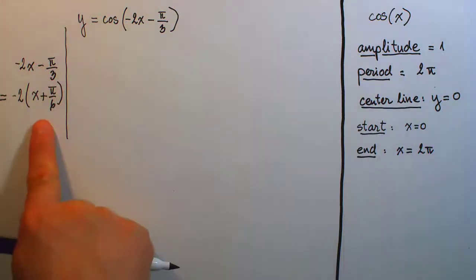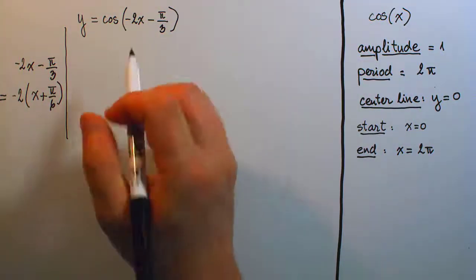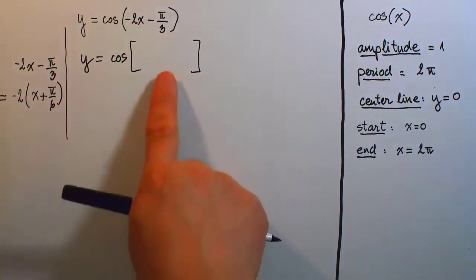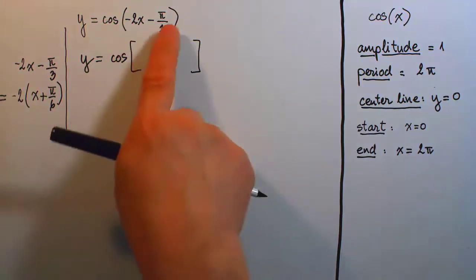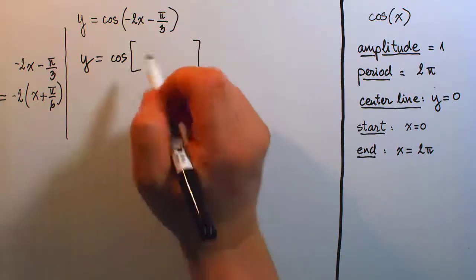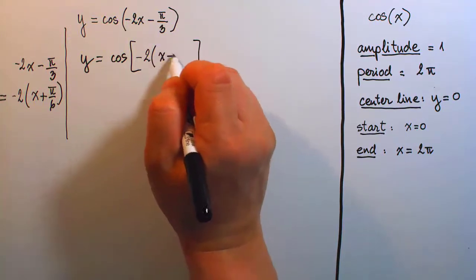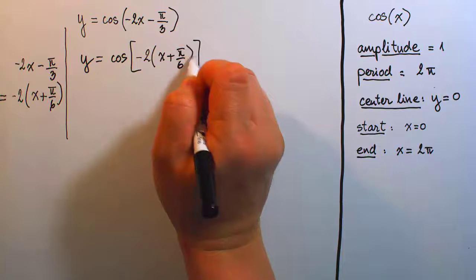What this does to our current function is that we can now substitute this into our cosine function in place of the -2x minus pi over 3. And so here we have -2 in parentheses x plus pi over 6.